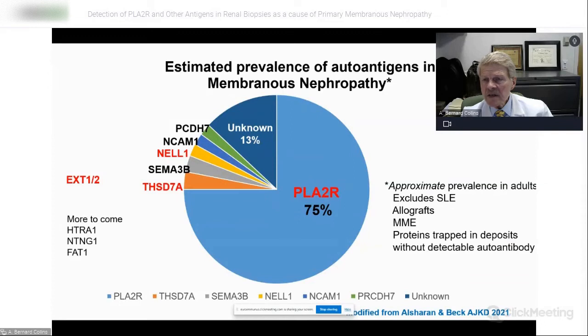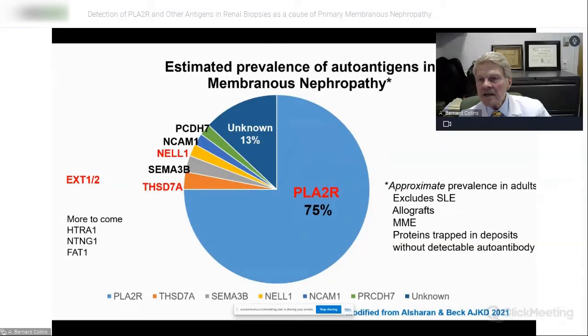And just revisiting our pie map, just the percentages, there is a dilemma. If you have a patient that has histological findings suggestive of membranous, the question is, which direction do I go in order to uncover what the antigen is in this case of membranous that is not PLA2R or THSD7A positive?